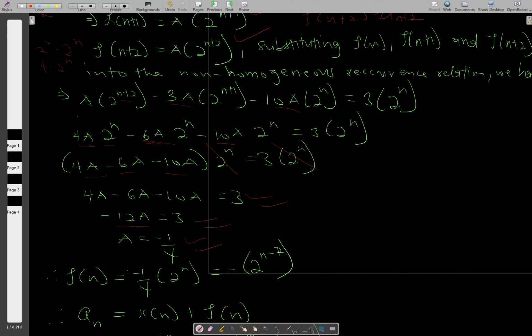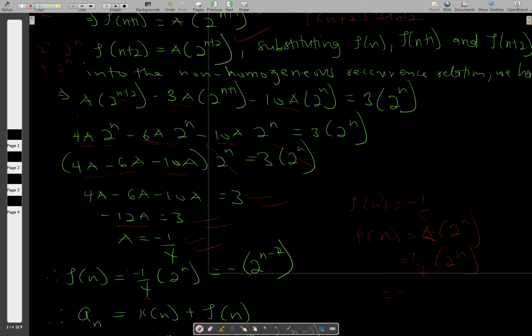But our r of n is given by a times 2 to the power n. Now we have a to be minus 1 over 4, so we replace it there, and we have minus 1 over 4 times 2 to the power n.